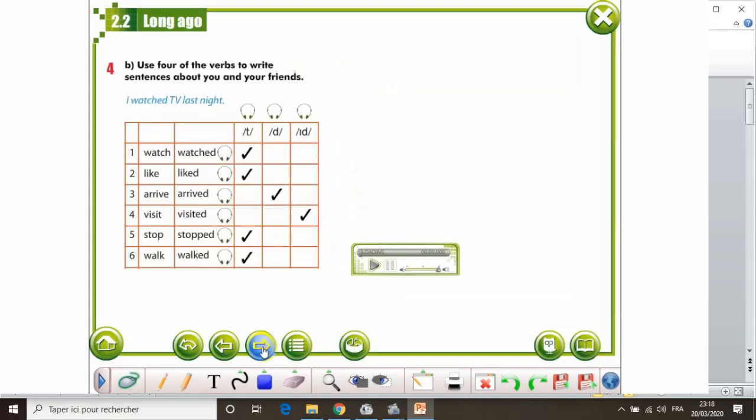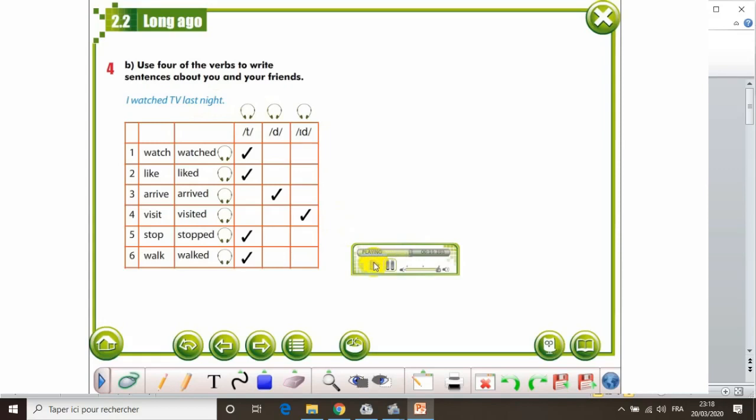Alright, now use 4 of the verbs to write sentences about you and your friends. I watched TV last night. We liked our trip to the zoo. Yesterday, we arrived late to school. We visited a museum last week.